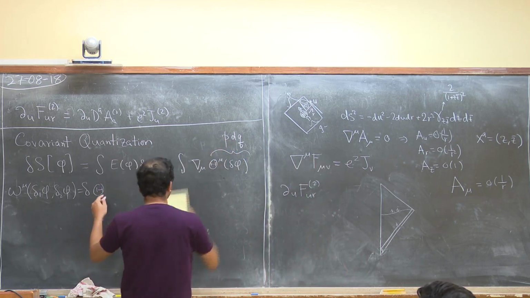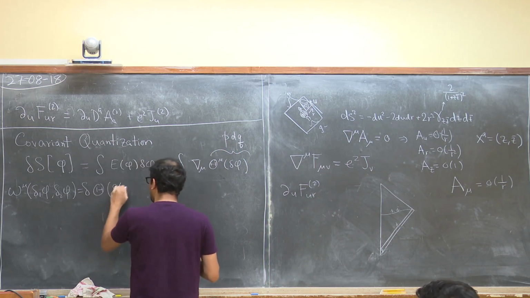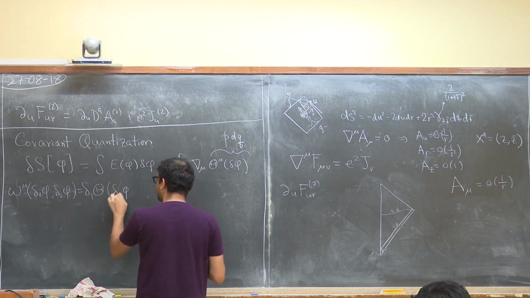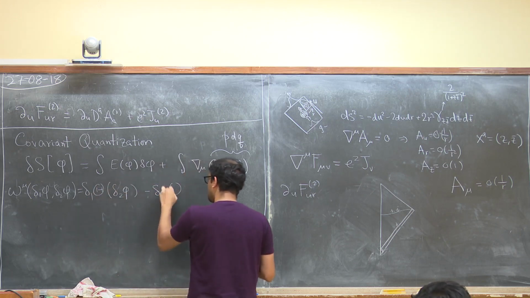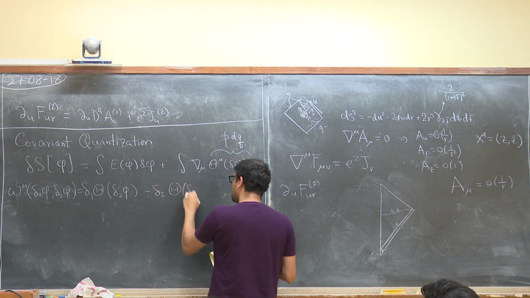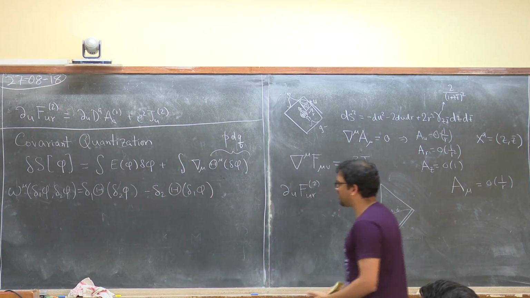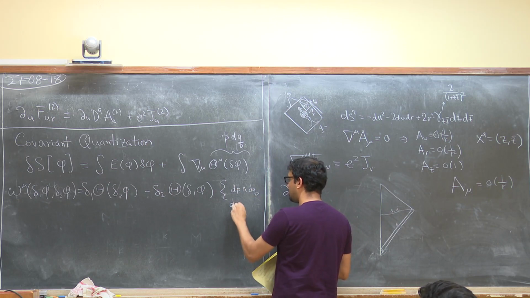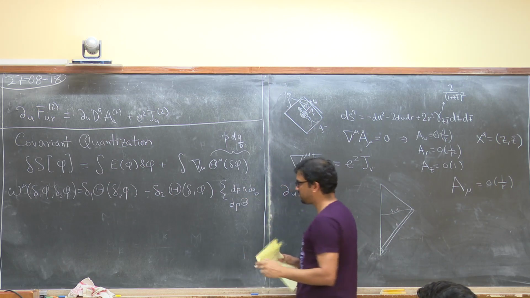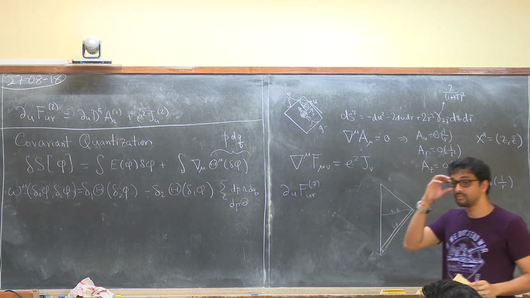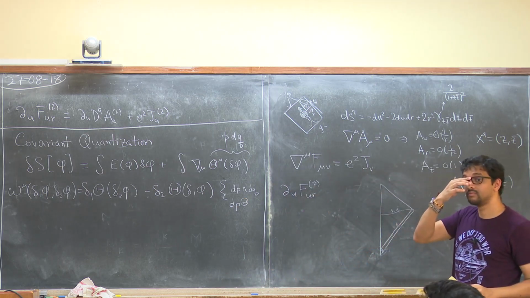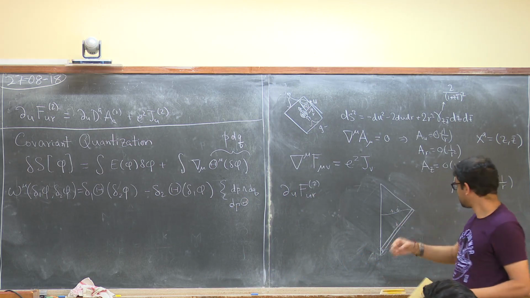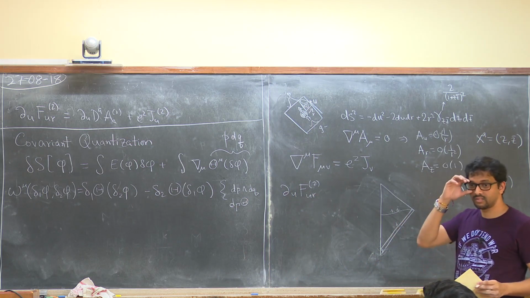So if I take the d of that, which is defined like so, this is basically just an exterior derivative on phase space of theta.